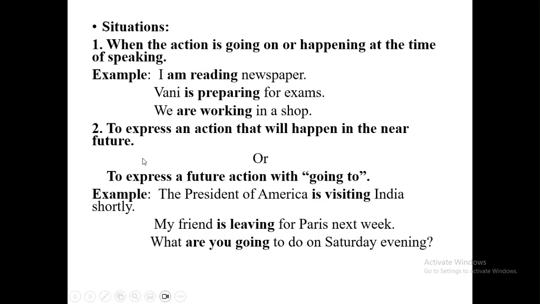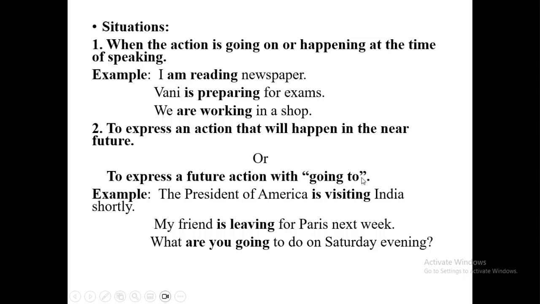The second situation is to express an action that will happen in the near future. Whatever the action is that is going to happen in the near future, or to express a future action with the phrase going to.